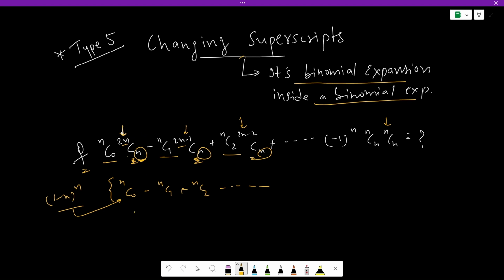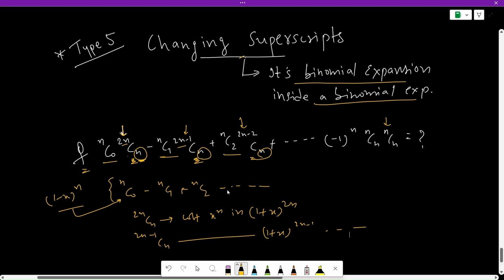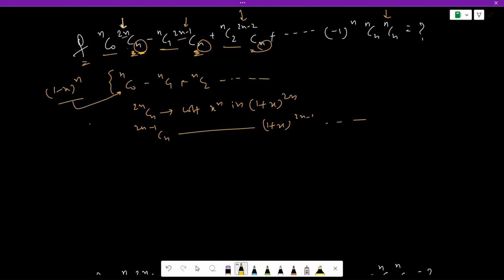So for example, 2nCn can be the coefficient of x raised to the power n in 1 plus x raised to the power 2n. 2n minus 1 Cn is the coefficient of x raised to the power n in 1 plus x raised to the power 2n minus 1, and so on, all of them, right? So what we can say is, this is the overall expression 1 minus x, but in this 1 minus x, the x is varying again and again.